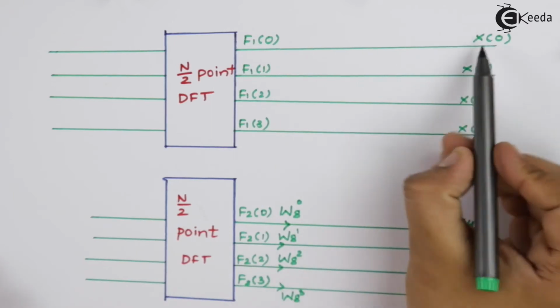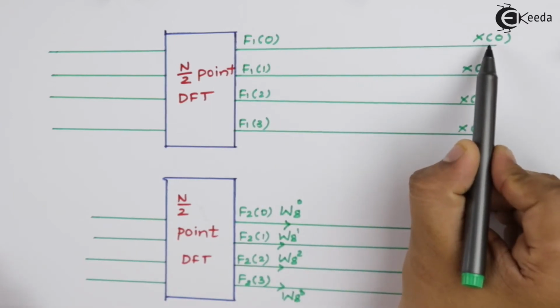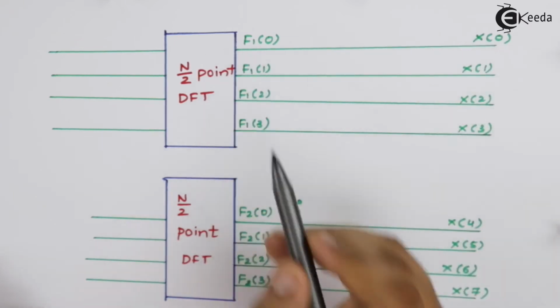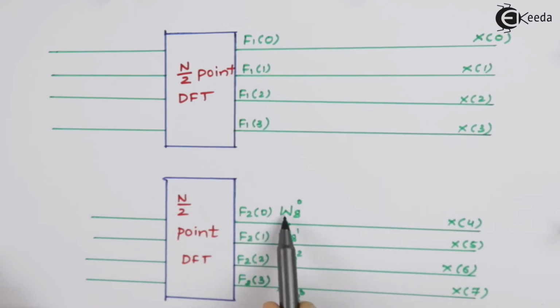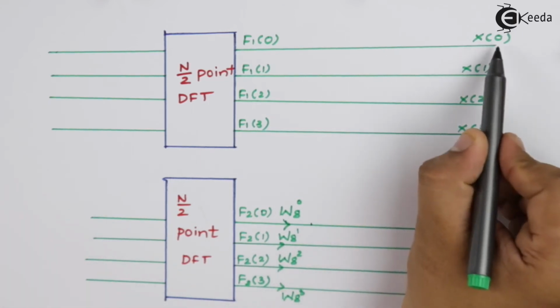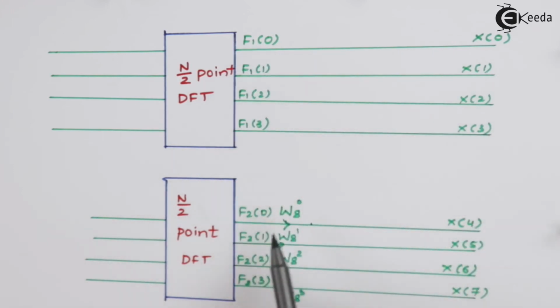So as I discussed, our x of 0 value is obtained by just adding f1 of 0 and the product of f2 of 0 with omega 8 to the power 0. If we mark one arrow on any line and write a value on it, then this value is multiplied with this line, and whatever result there is will be present after this arrow. So basically x of 0 is the addition of f1 of 0 and the product of f2 of 0 and omega 8 to the power 0.